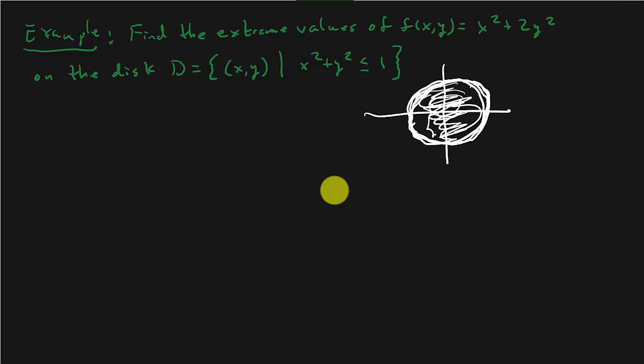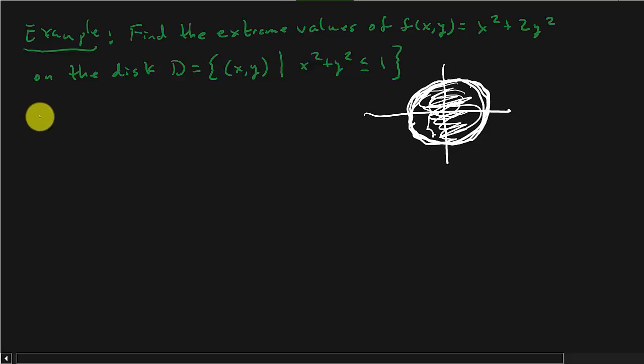All right, so let me see. We've got f(0, plus or minus 1) equals 2, and we have f(plus or minus 1, 0) equals 1.